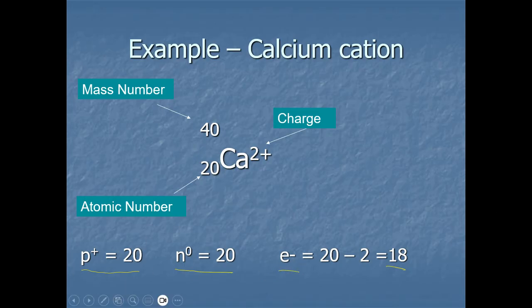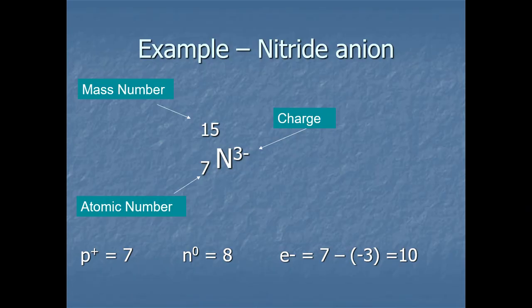So let's look at an anion. So here's the nitride anion. I've got a mass number of 15, so this is nitrogen 15. The atomic number for nitrogen is 7. So 15 minus 7 is 8. So that means I have 7 protons because it's element number 7. I have 8 neutrons.